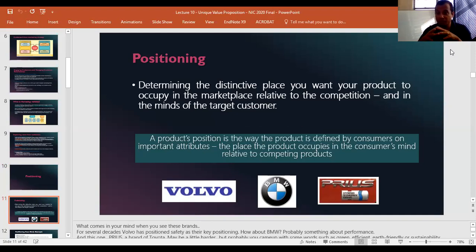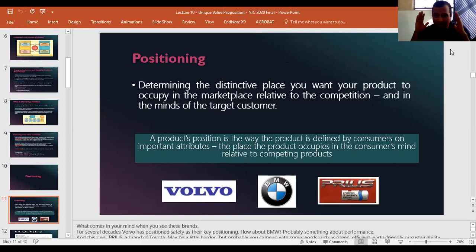Although both are almost the same, a company can define positioning as determining the distinctive place you want your product to occupy in the marketplace relative to the competitors and in the minds of target customers. From the customer point of view, a product's position is the way the product is defined by consumers on the important attributes, the place the product occupies in customers' minds relative to competing products. Both are almost the same thing, but from different perspectives.